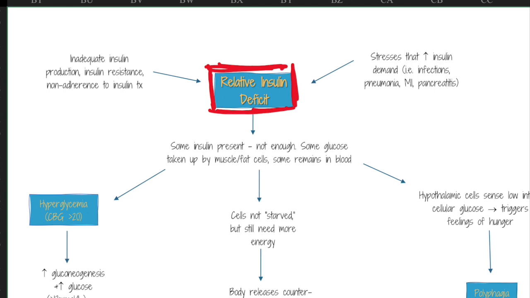When we're talking about HHS, we're talking about a relative insulin deficit. That's because the diabetic type 2 is still making a decent amount of insulin. In a diabetic type 1, it's more serious in that there's more of a chance that the person is making no insulin or very, very low amounts.